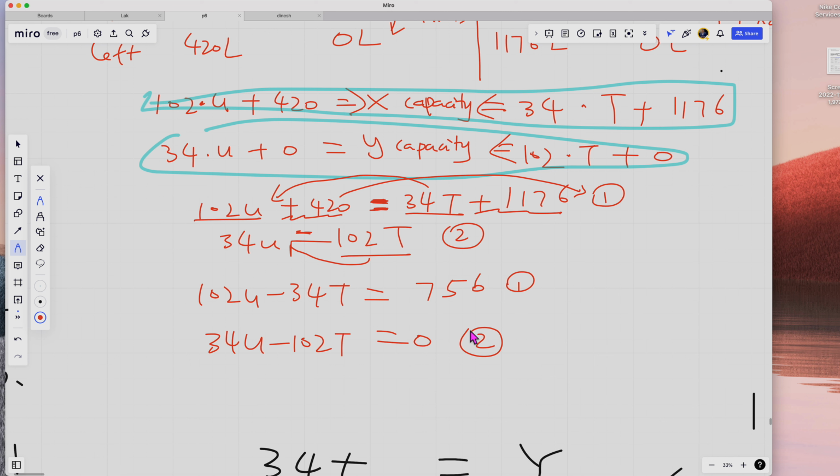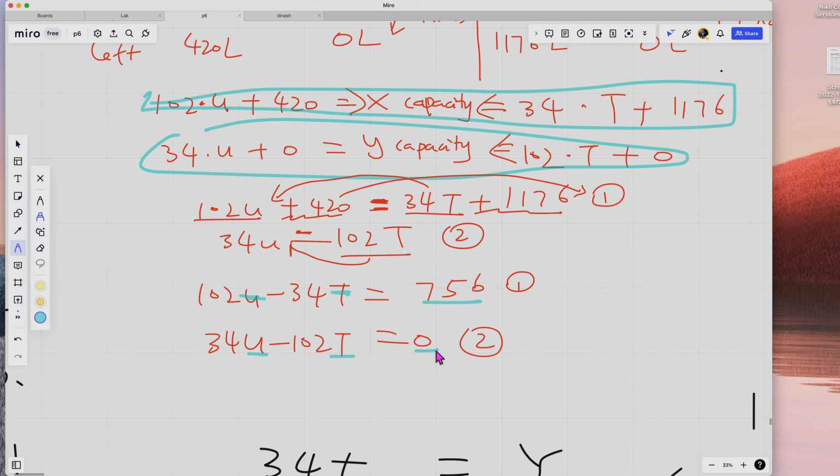Before you use the calculator to solve this simultaneous equation, the most important thing is to make sure the U is in front, the T next, number last. So for your second equation, U must be first, T next, then number 0 last.